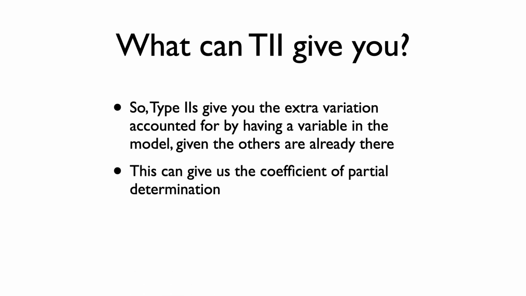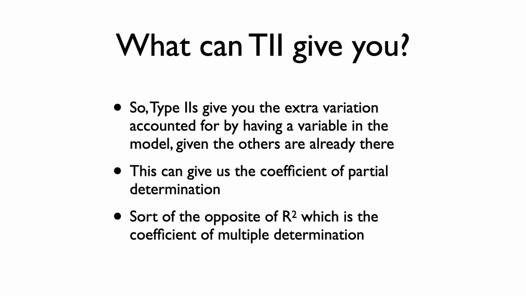So what's this going to give us? What can type 2s give you? Type 2s can give you a coefficient of partial determination. Ooh, that sounds nice and important. It's kind of the opposite of big R squared. Remember, big R squared is how much all the variables together explain. What the coefficient of partial determination does, I was having trouble talking there.